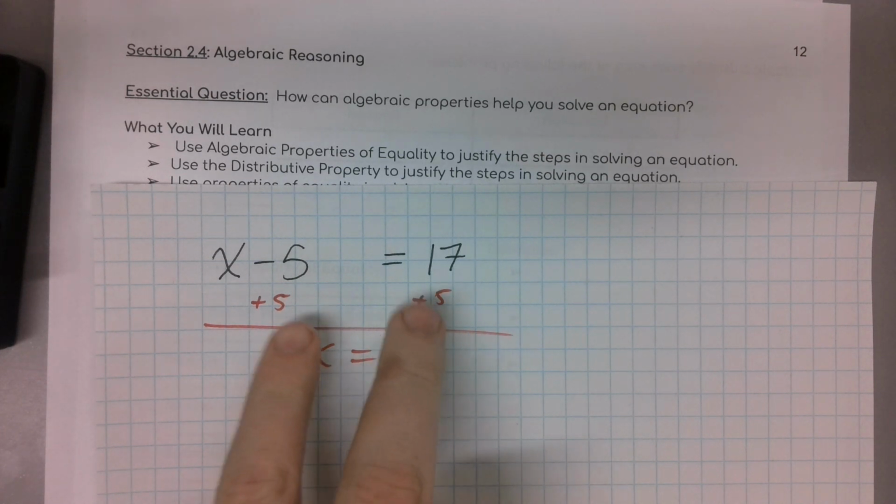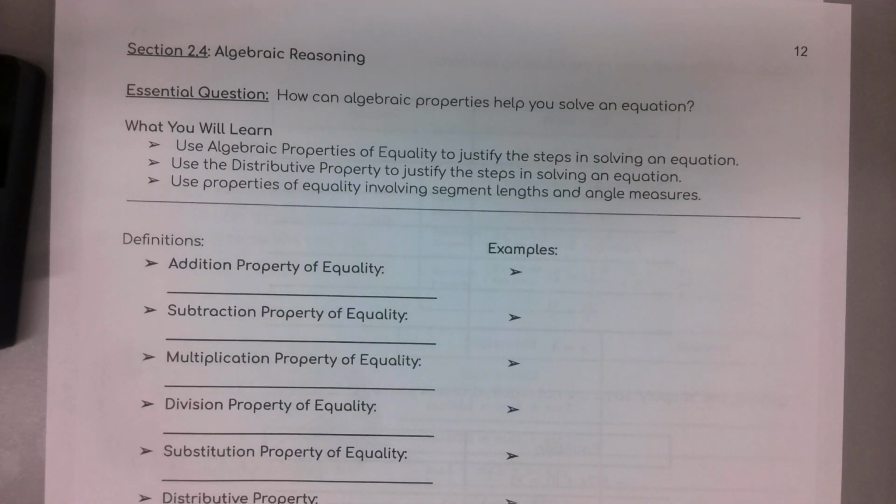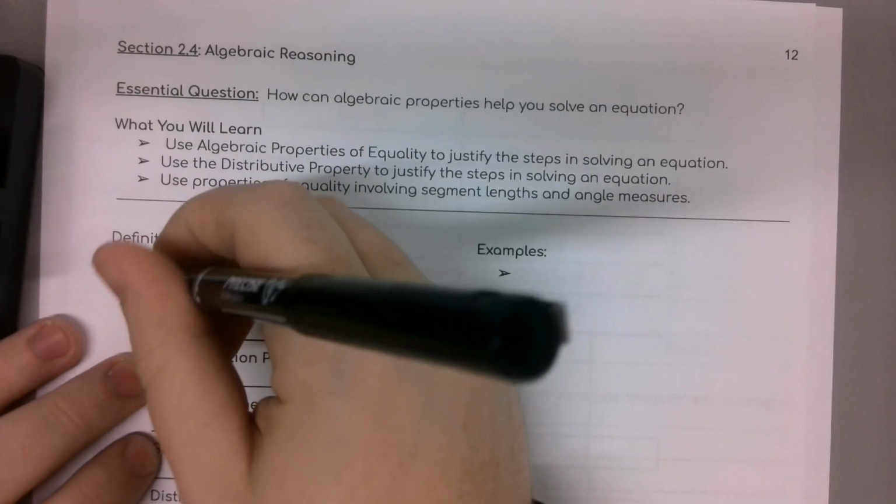This is given to us by a property of equality. A property of equality is just some general rule that all things with an equal sign follow. The first one is the addition property of equality.